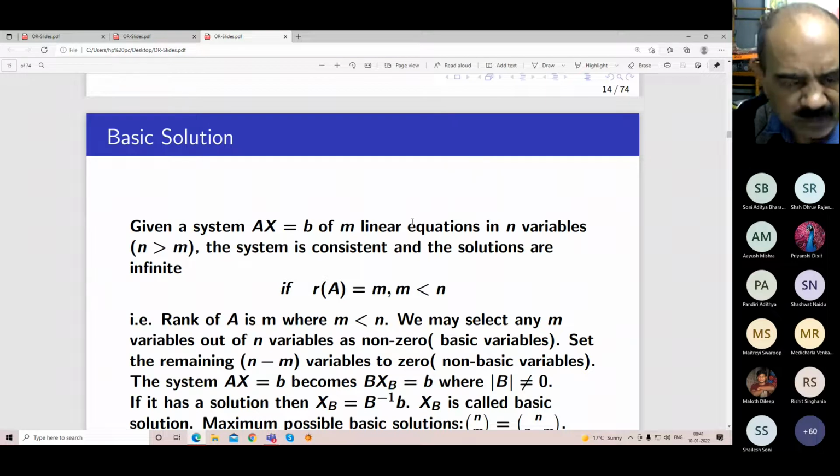But if this is a square system, where the rank of the coefficient matrix equals the rank of the augmented matrix equals n, then you have a unique solution.